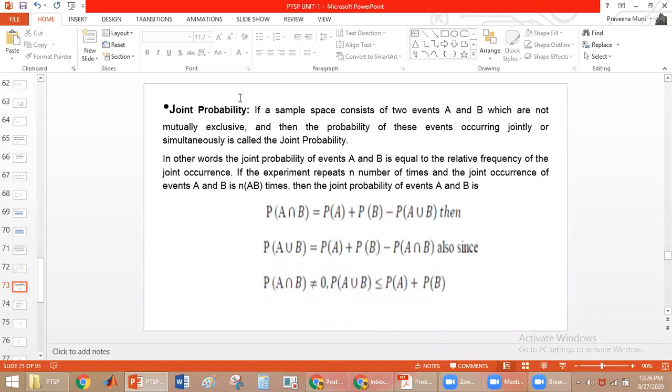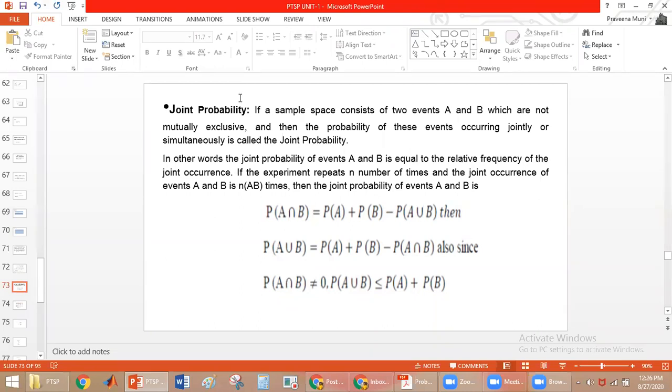Yes or no? These common elements correspond to the simultaneous or joint occurrence of non-exclusive events. Because of the elements common to both events, we have joint occurrence of non-mutually exclusive events.